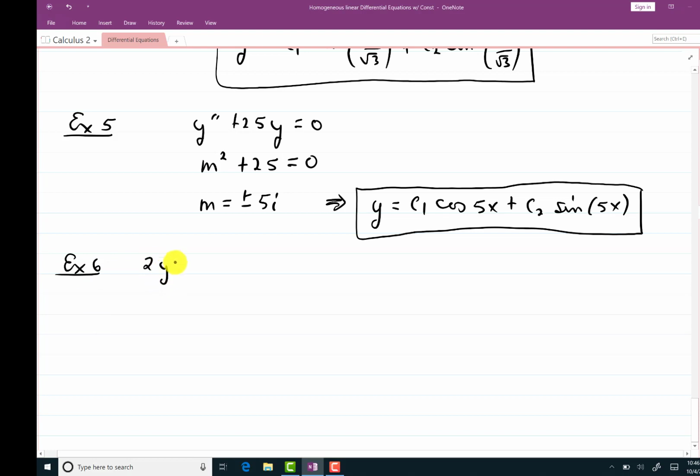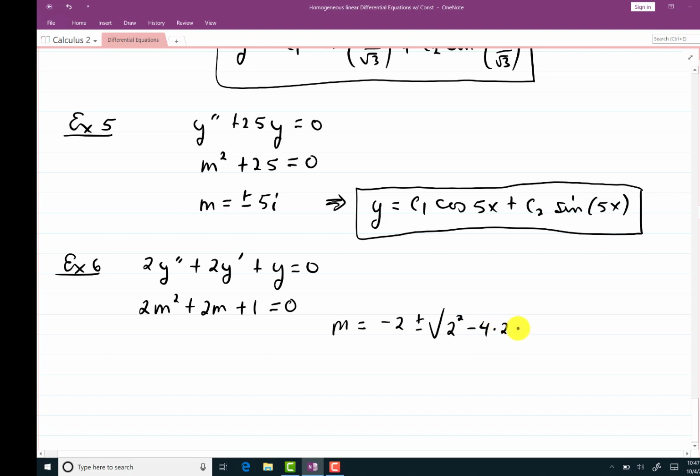We have 2y double prime plus 2y prime plus y equals 0. So the auxiliary equation is 2m squared plus 2m plus 1 equals 0. Now this doesn't factor, it doesn't look good, so I'm going to go to the quadratic formula. And if you recall, that's negative b plus and minus the square root of b squared minus 4 times a times c, all over 2 times a.